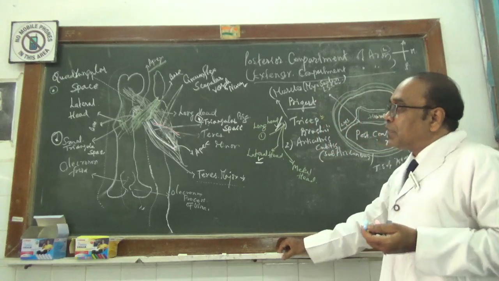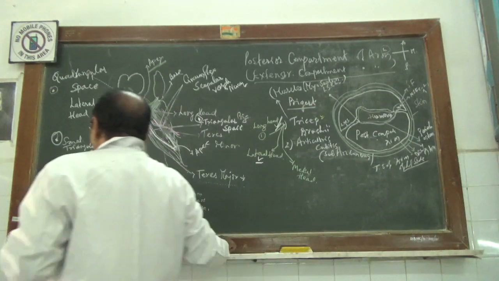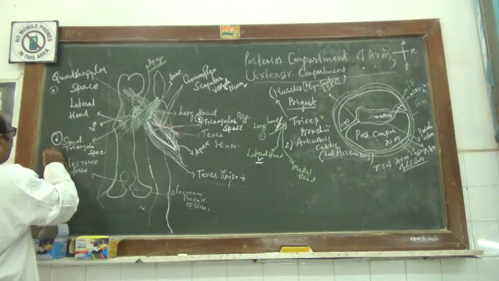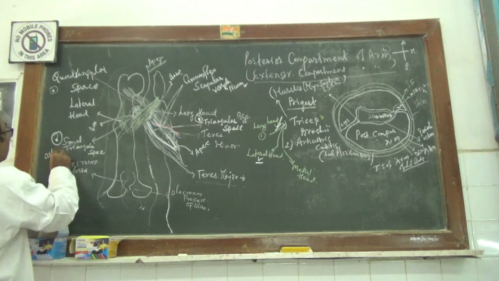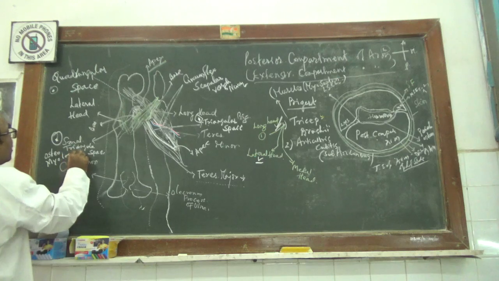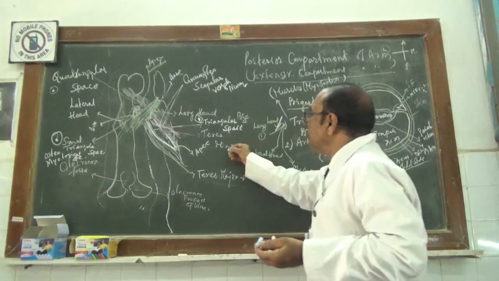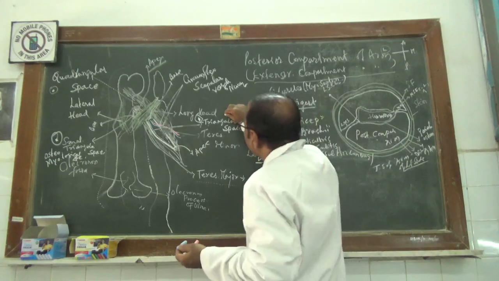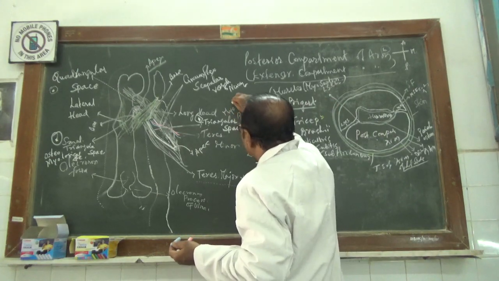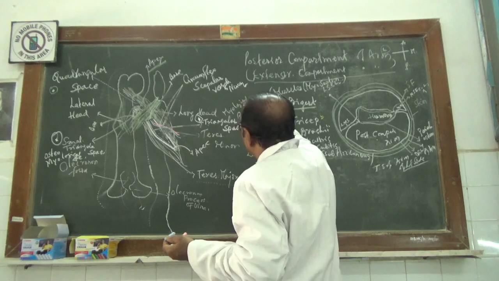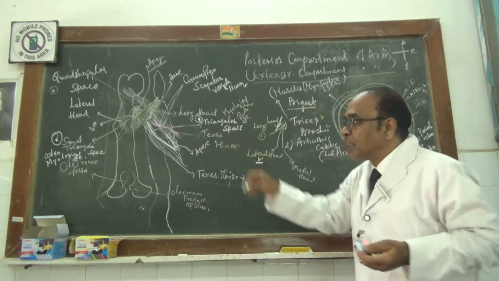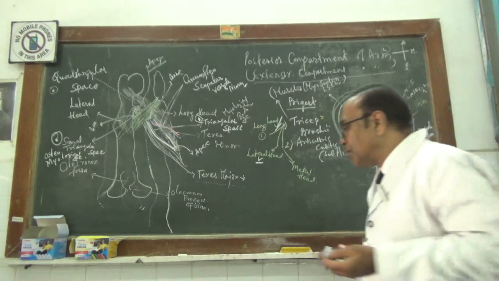So it is even called the myological triangle. But this big triangular space is also called the myological triangle. Only muscles, their bones and the muscles.